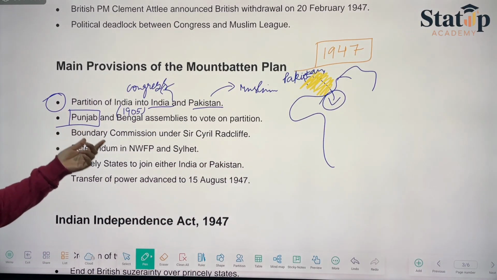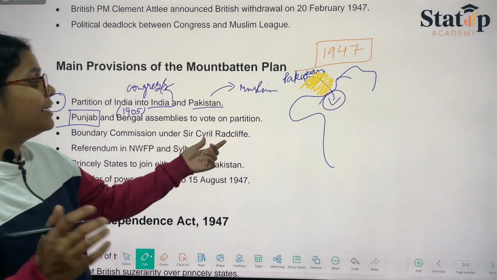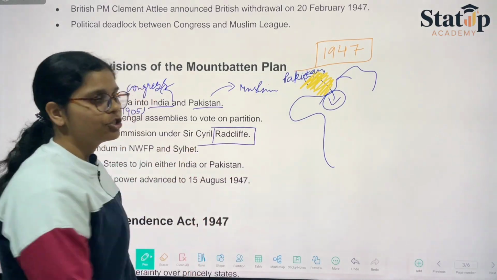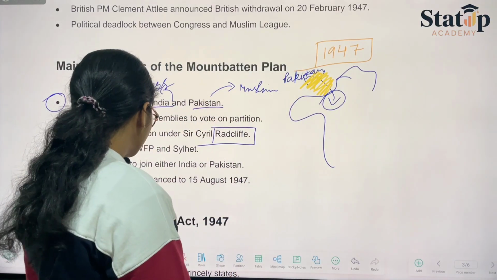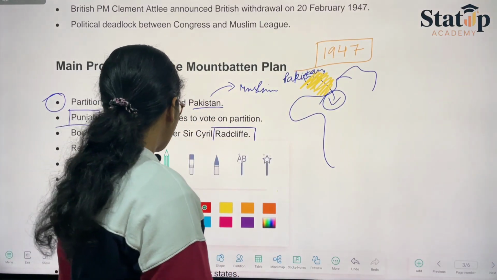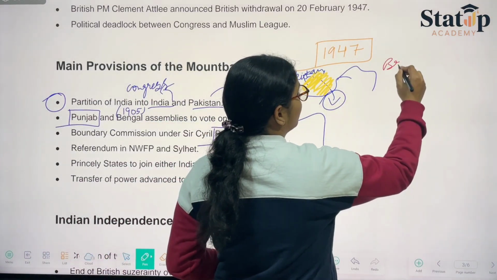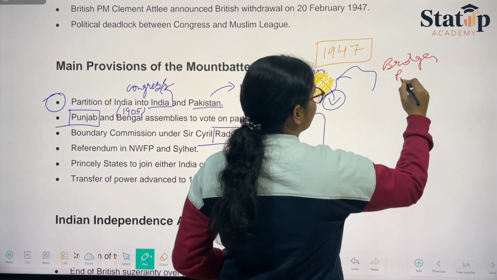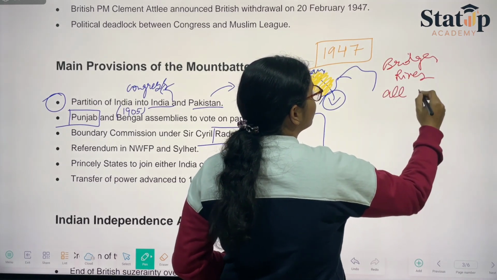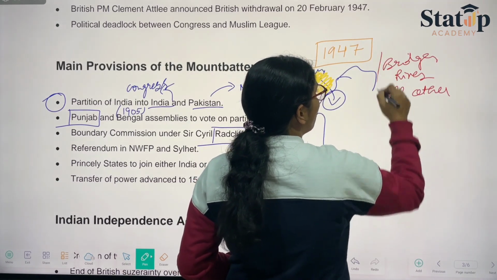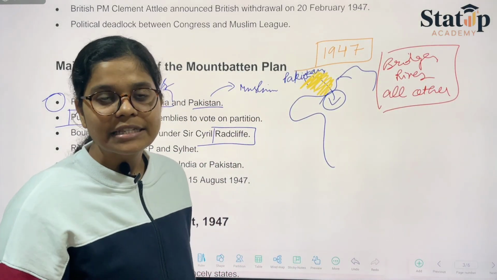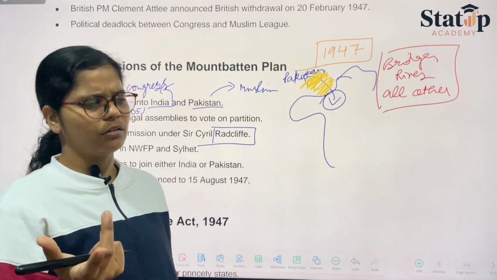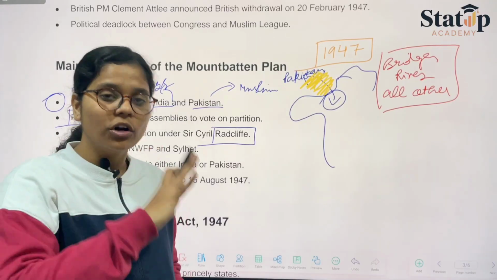Now, there was a boundary commission, headed by Redcliffe. When India was to be divided, there were bridges, rivers, and all other commodities that had to be divided. So who was given the task of dividing all these things?